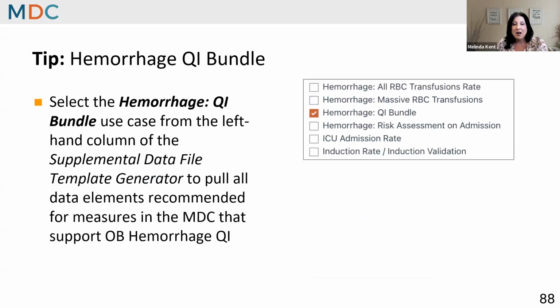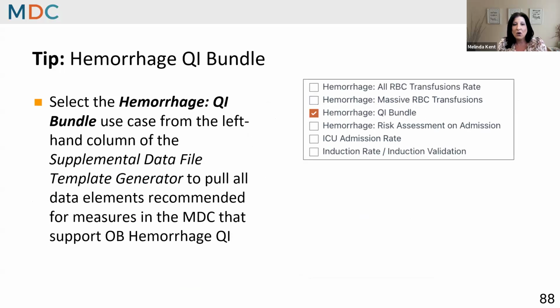If you go in and select the hemorrhage QI bundle on the left side, the use case list shows that the supplemental data file template generator will create a document for you, and it will pull all the data elements recommended for that measure in the MDC that supports OB hemorrhage QI. So this is a really, really handy tool. The use cases are on the left side.